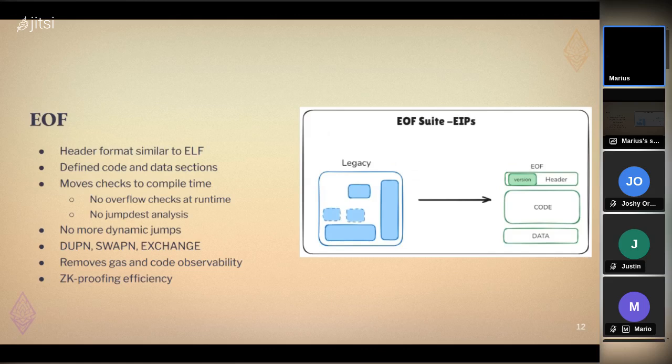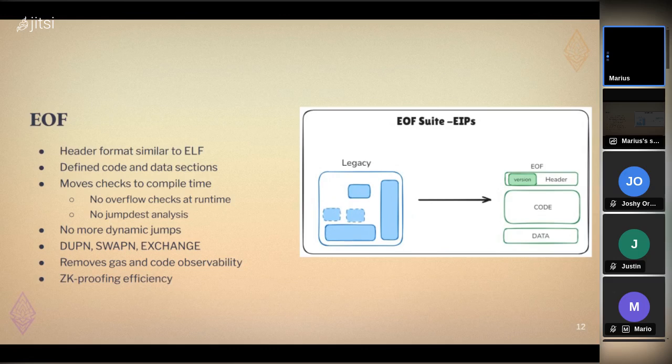And EOF also improves the proving efficiency of ZK proofs over EVM contracts because you remove a lot of checks from the runtime. So basically, if you want to do a ZK proof over the execution of an EVM contract, for every opcode, you need to prove that it doesn't underflow the stack, it doesn't overflow the stack, and a bunch of other things.